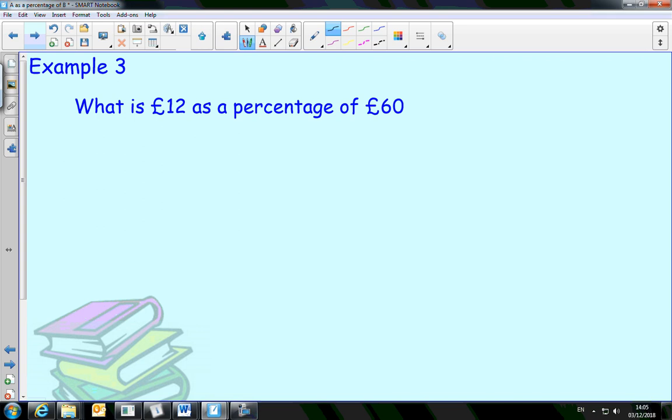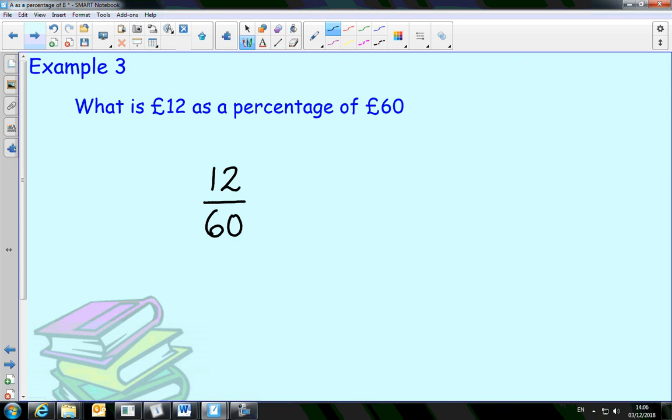Our third example, what is £12 as a percentage of 60? So again, the first thing we're going to write is 12 out of 60 as a fraction. 12 divided by 60. Now, just by looking at that, 60 times what gives you 100? We're going to have to use a calculator for this, so we're not going to change it into an equivalent fraction for this example.